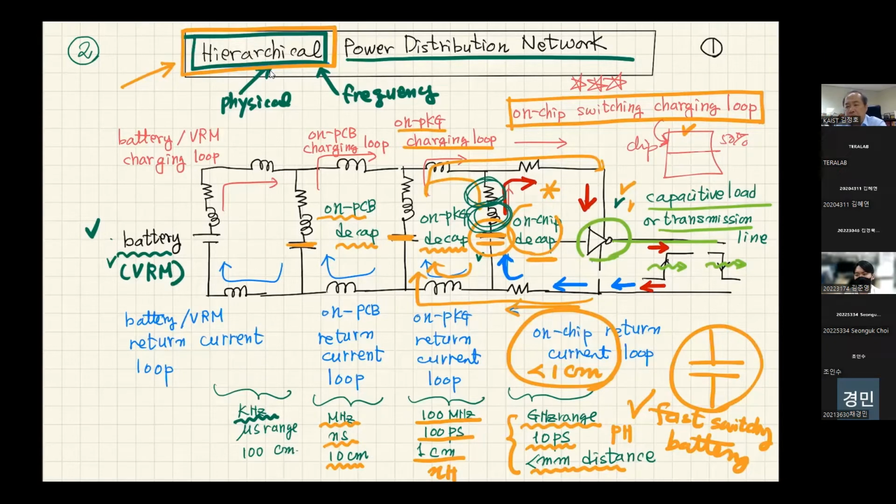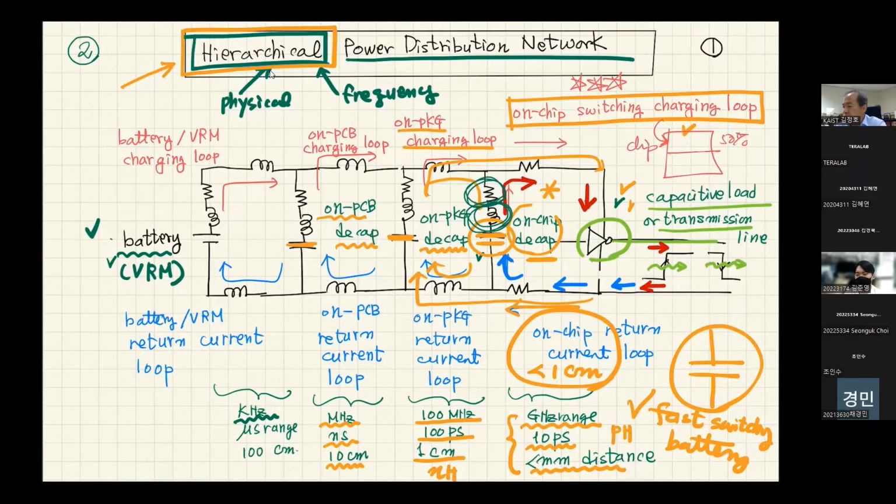Why do we need to do that? Because we want to minimize the switching noise. Otherwise, logical zero and high cannot be defined. The eye diagram will be hugely distorted because this noise will be coupled to the I/O interconnection. So we cannot achieve very high frequency or high data rate with this switching noise.